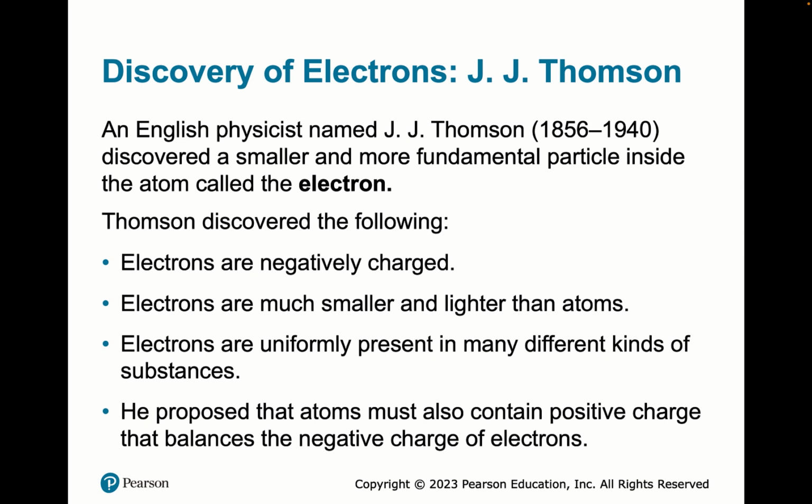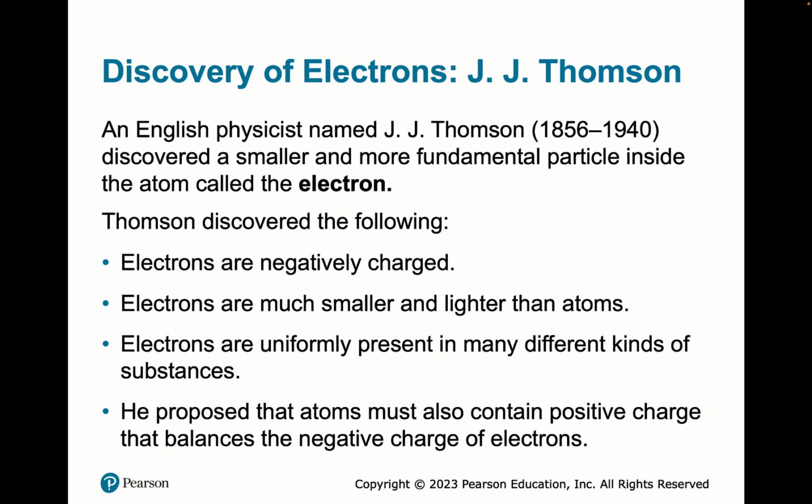So then comes along Thomson, and Thomson played around and found a particle that's part of atoms called electrons. The point of this is that it broke Dalton's atomic theory, because he was able to break apart atoms. Thomson said electrons are negatively charged.